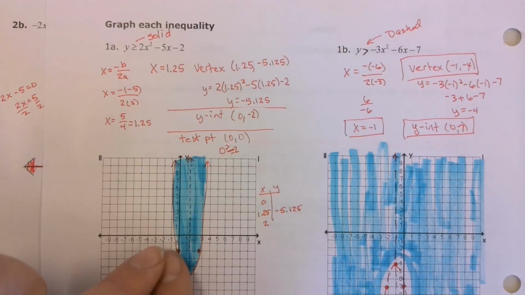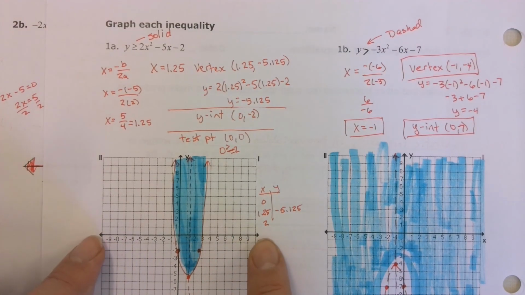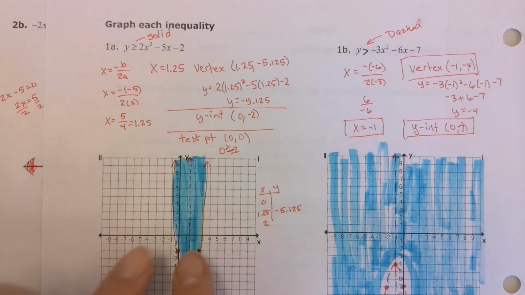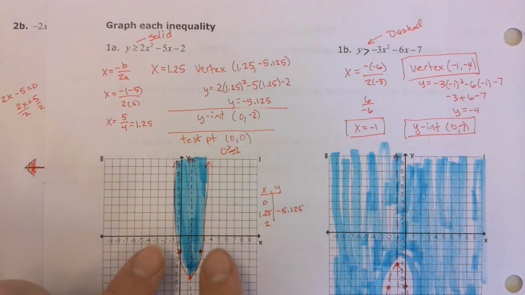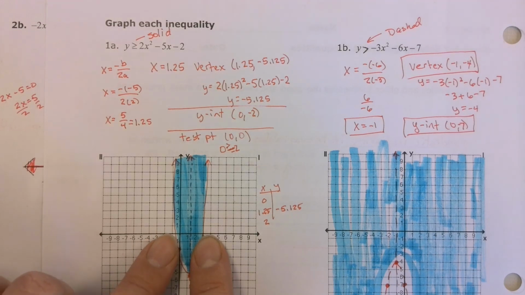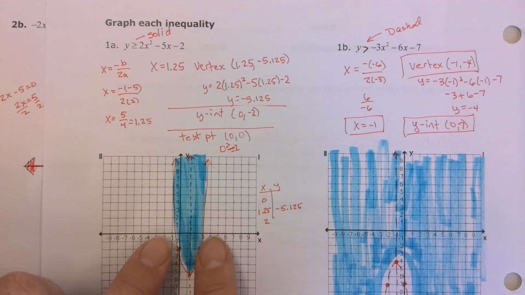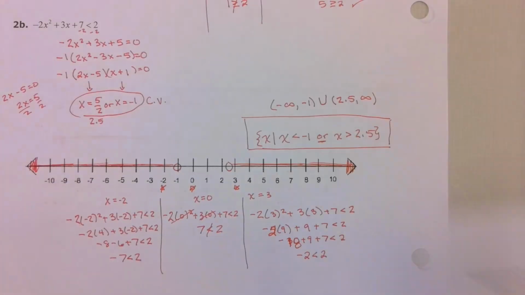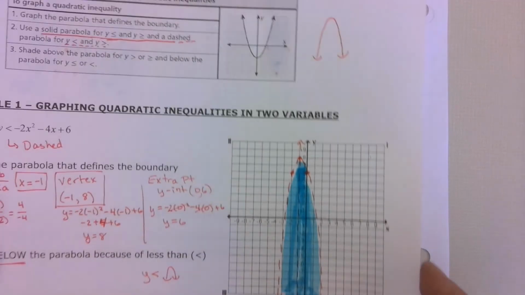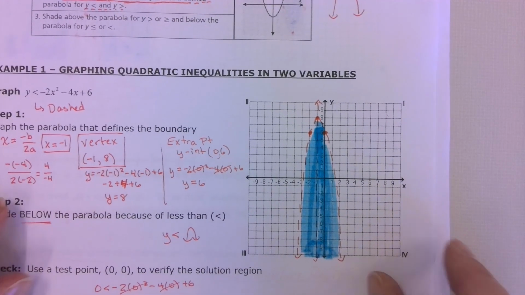So if you can picture this as a number line, just like we did, and we ignore everything else in the graph, we just have a number line, and we got our critical values, which would be the x-intercepts, we would see that this one would shade going up, and this one would shade coming down, and this would be the overlap, and this would be an and statement. If we look at the graph that we did on the other side, this is also an example of an and statement.